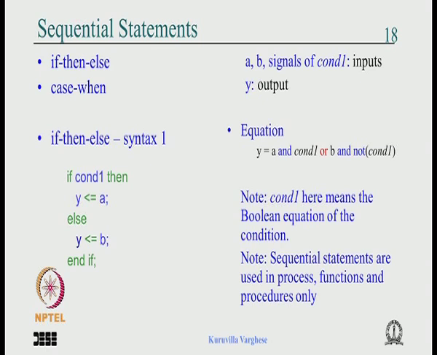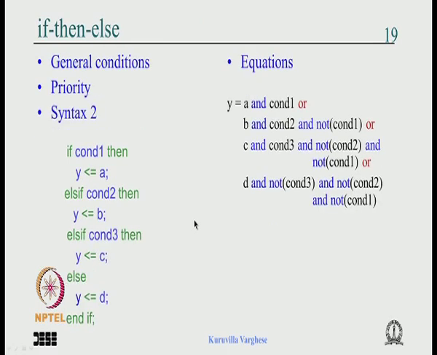So let us look at a more complex kind of syntax. Basically the conditions, like in when else, are general conditions; you can say p greater than q, c equal to 3 and things like that, and there is priority. So the next, more complex syntax is: if condition 1 then y gets a; instead of else you can say elsif. It is not ELS EIF, it is ELSIF. Elsif condition 2 then y gets b, elsif condition 3 then y gets c.